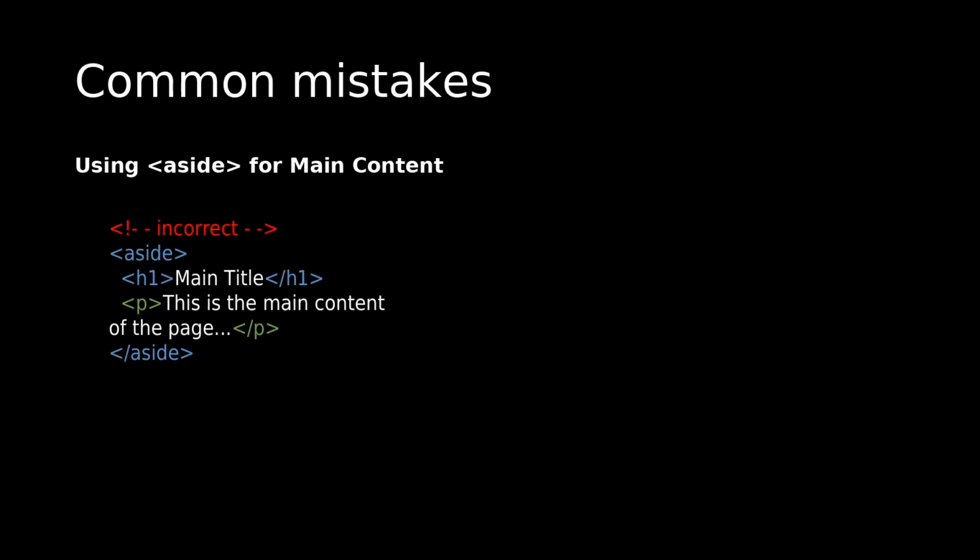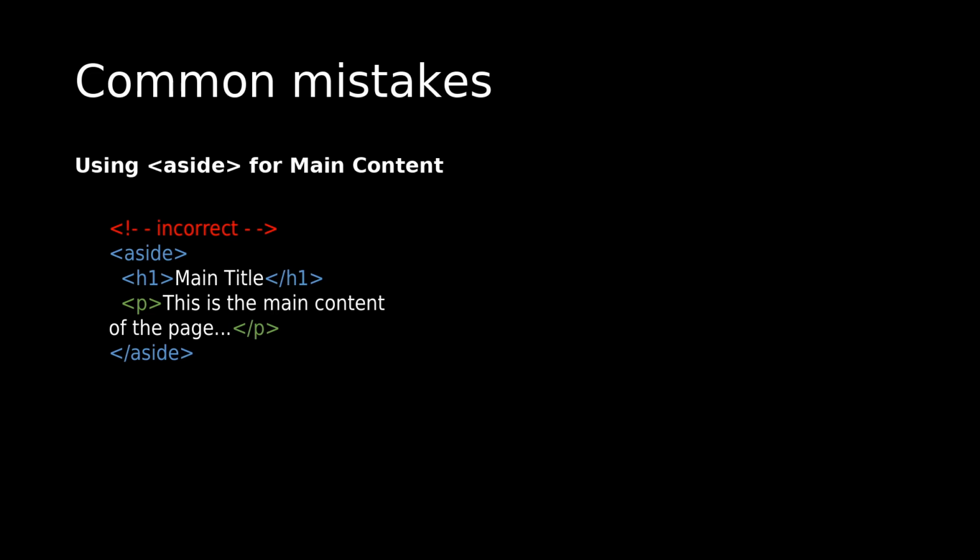Common mistakes and errors. Using aside for main content. Placing primary or essential content inside an aside element is a mistake. The purpose of an aside element is to provide supplementary or tangential content that supports the main content of the page.